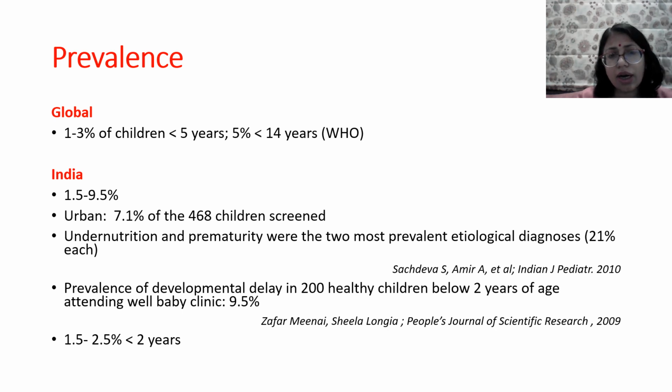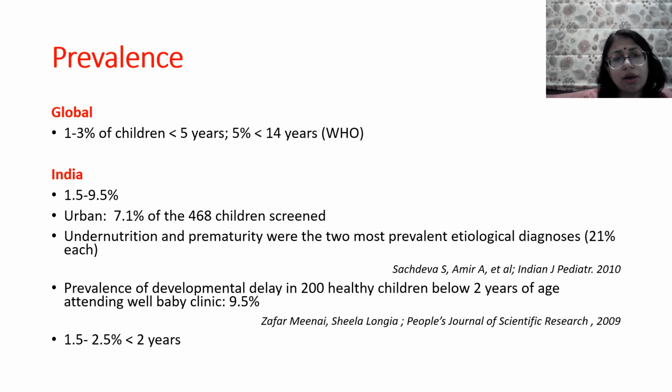So it is not uncommon to have children with global developmental delay. The estimated prevalence is 1 to 3% of children less than 5 years, which increases to 5% by 14 years according to WHO estimates, and a few studies even take it up to 10%.